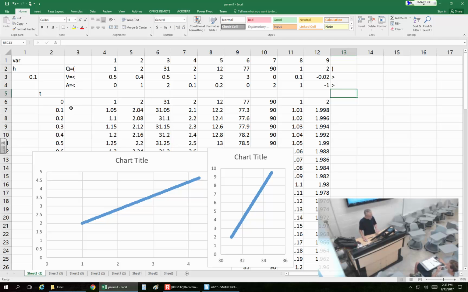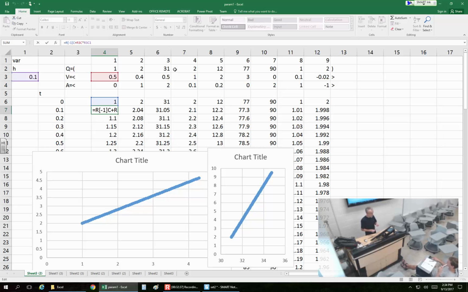Okay, so how do I modify my formula? The initial part is not going to change. It's still where we are. And fortunately, we already have the formula, so all we have to do is change this. In the way we have done it, we took the previous position and added the velocity times the interval of time.